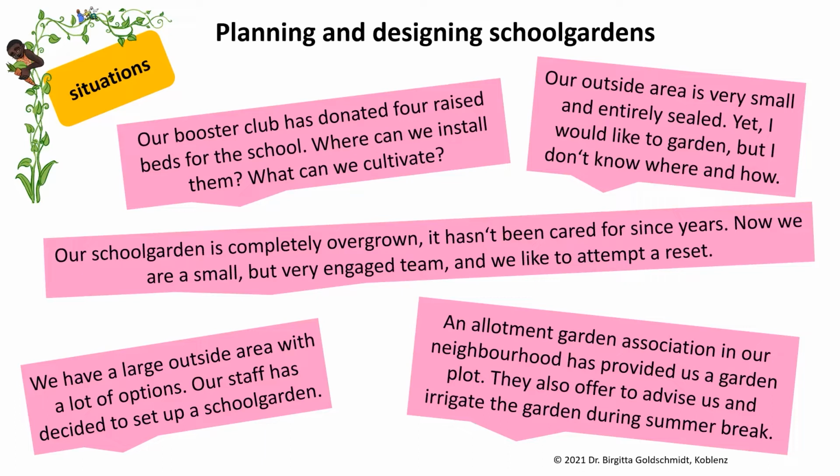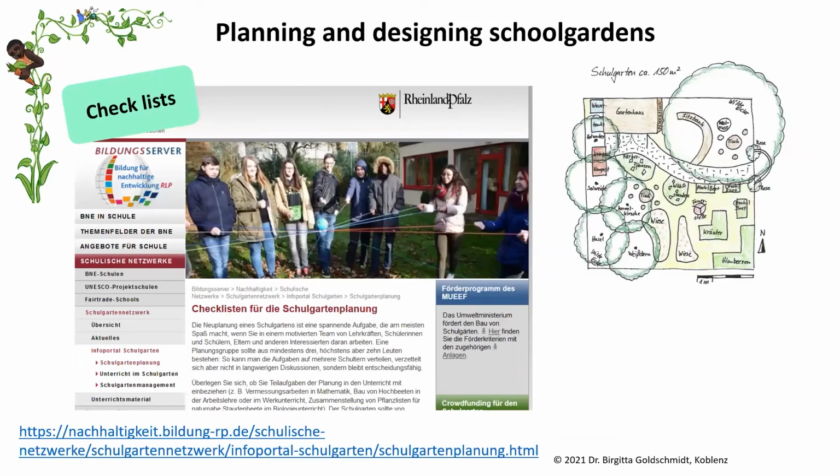So these are the conditions under which you begin the planning and designing of school gardens. These are all things that you have to consider when you start, and which have an impact on the result, of course.